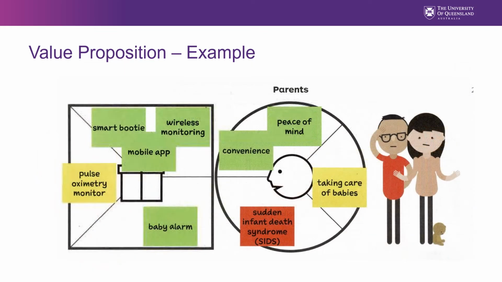To validate this, they did parent interviews. Of 105 interviews conducted, 96% said that they would adopt the wireless monitoring device. They also did an MVP landing page, and for this they had 17,000 views and 5,500 shares on Facebook, 500 positive comments by parents.